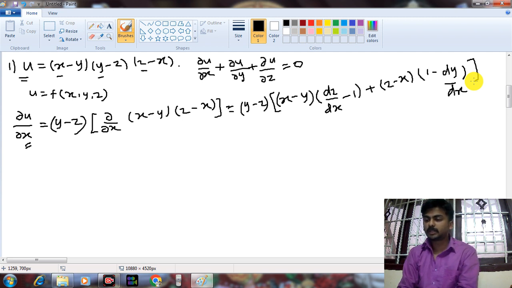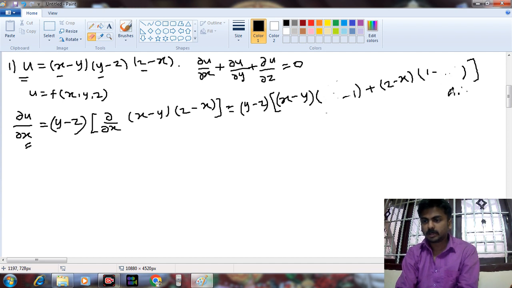Here it is not like that. z is not associated with x, z is different, x is different, so dz by dx will be 0.